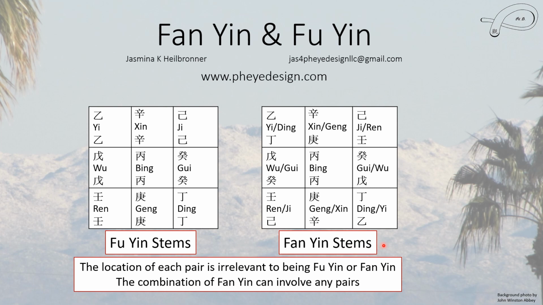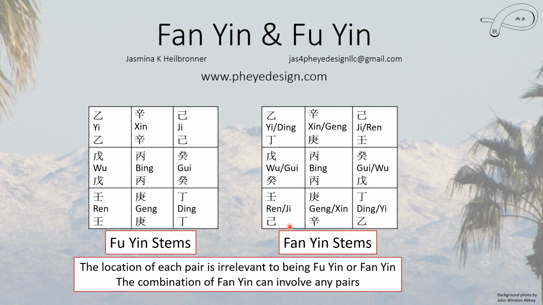This Fanyin in the stems is opposite. Polar opposites have the opposite thing. We have Yi and Ding. Here we have Ding and Yi. And here we have Sin and Gun. And here we have Gun and Sin. Ren and Yi. Yi and Ren.